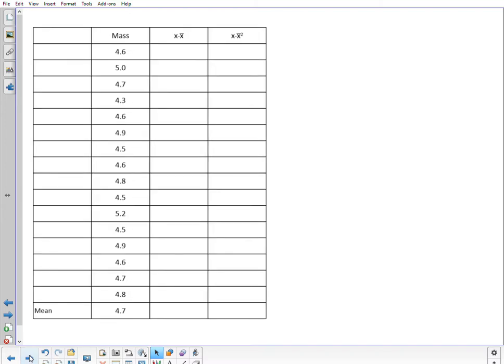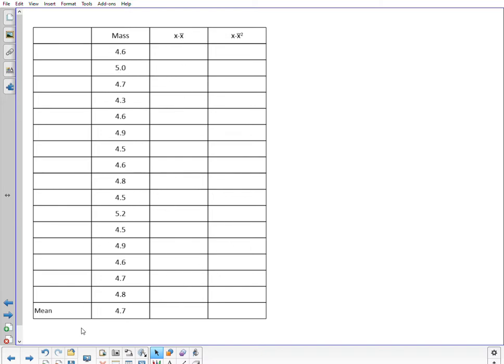If we do that, it comes out to be 4.7. So then, in this column here, we do x, that's each of these values, minus x bar, so that's 4.7. So for all of them, it's the same value of x bar. So this is 4.6 minus 4.7, this is 5 minus 4.7, this is 4.7 minus 4.7, etc.